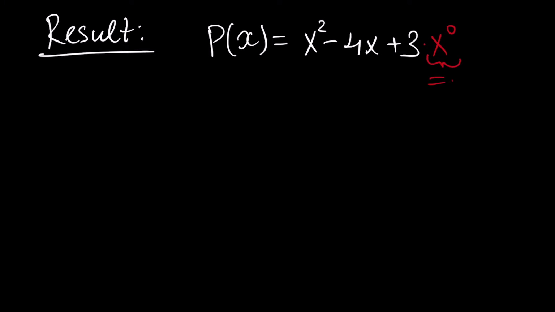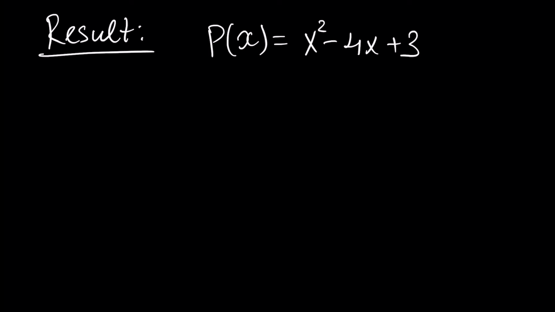We always avoid writing this, but we look at the free coefficient. This is called free member or free coefficient of our polynomial. And any integer root of our polynomial must divide, in this case, number 3.